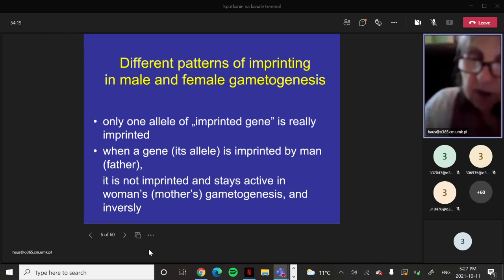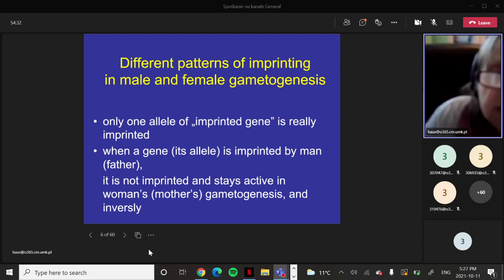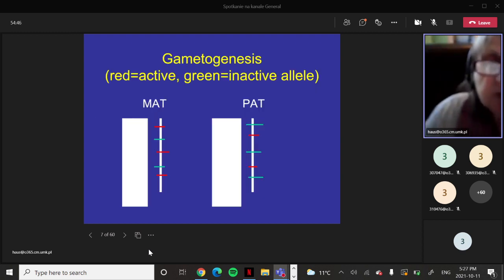If one allele of another gene is imprinted by woman, it is not imprinted by man. So when one allele is imprinted by man, it is not imprinted and stays active in the mother's gametogenesis, and inversely.